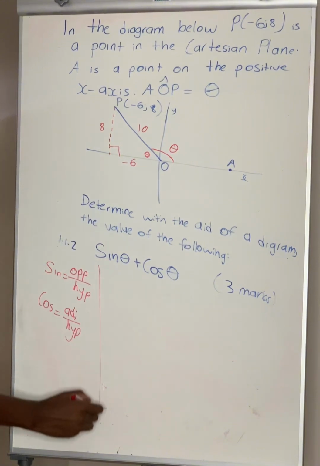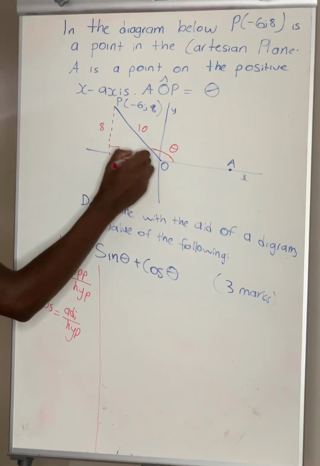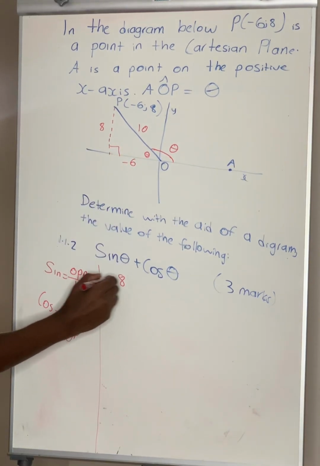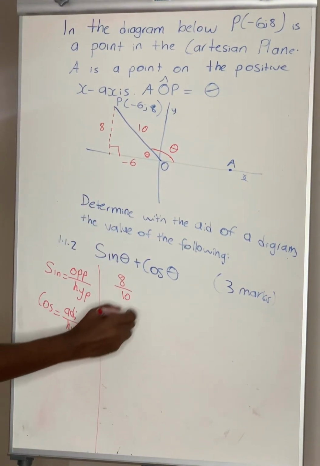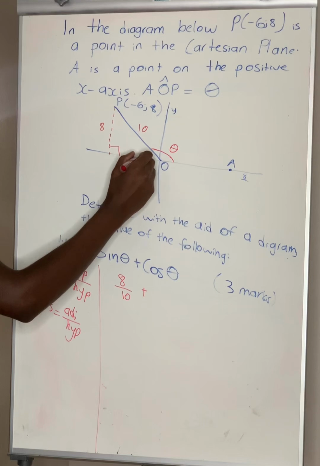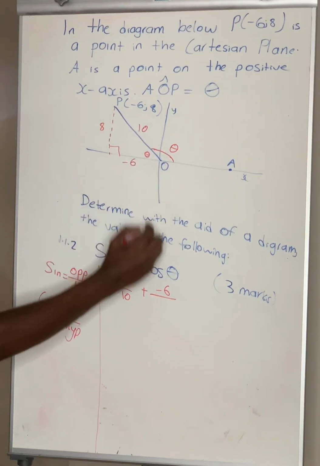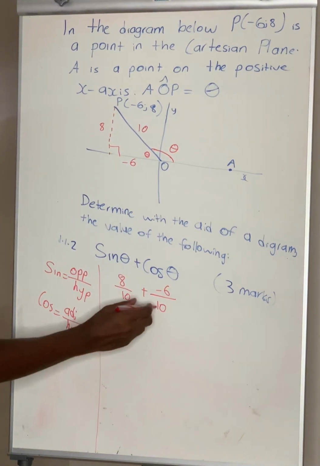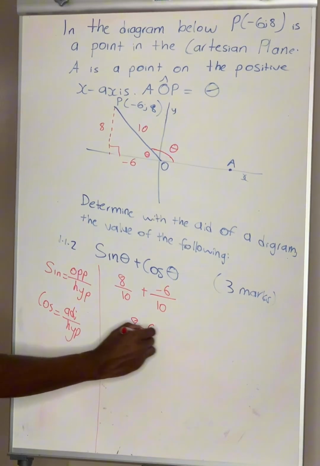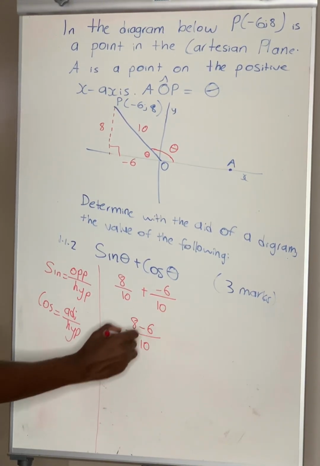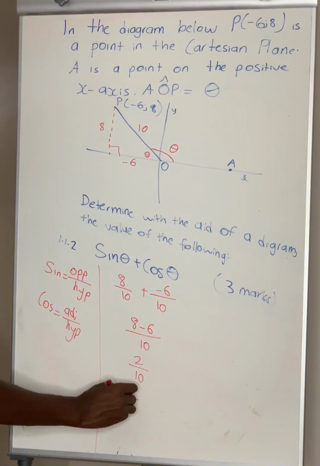Now sine theta, we said it's opposite over hypotenuse, so opposite to theta we have 8 as our numerator, and the hypotenuse is positive 10, plus adjacent to theta we have -6, and the hypotenuse is 10. Now you can see the denominators are the same, so you can say 8 minus 6 divided by 10. 8 minus 6 is 2 divided by 10, and in its simplest form, it's simply 1 over 5.